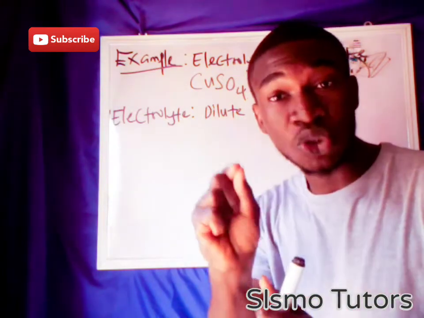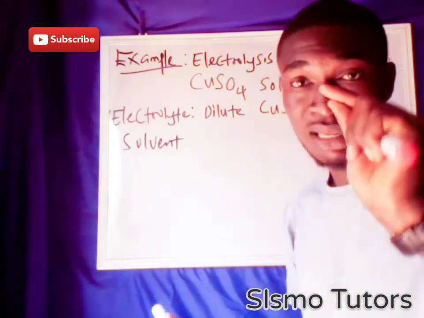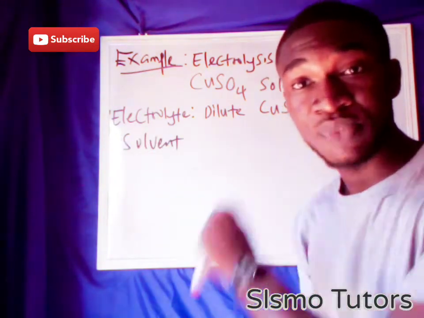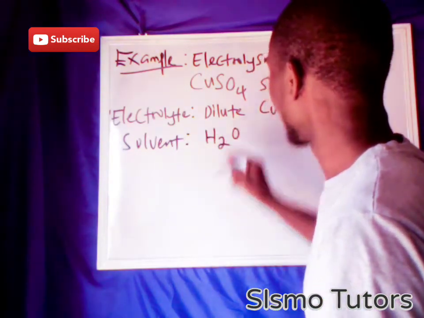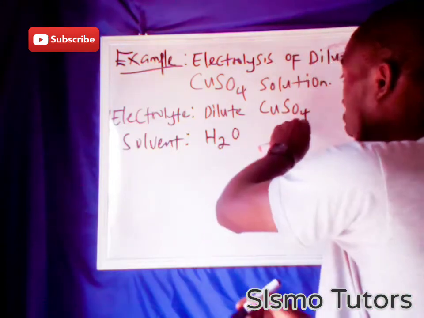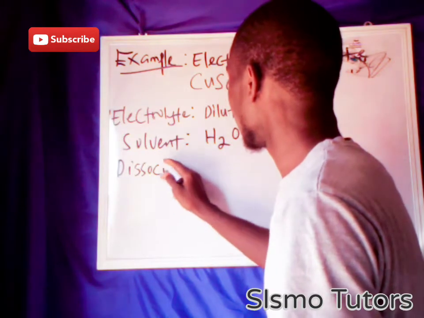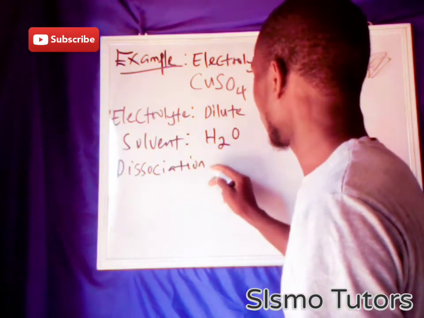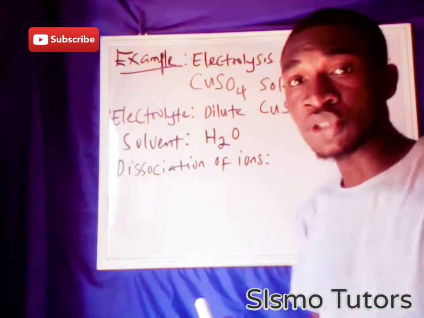And the solvent is usually water. So the solvent here is H2O. Let's now look at the dissociation of the ions of this compound.